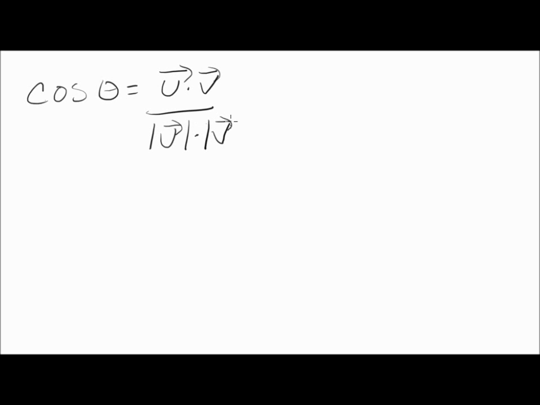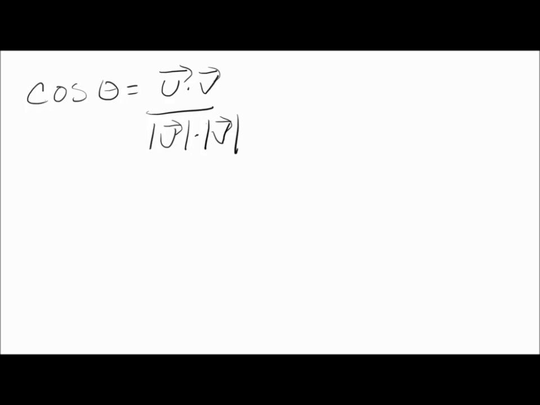The formula for that will be cosine of theta equals u dot v over the magnitude of u times the magnitude of v. Now the bottom is not a dot product, it's just a times. So you'll take the magnitude of u and multiply it times the magnitude of v. Okay, so now we've got our formula.